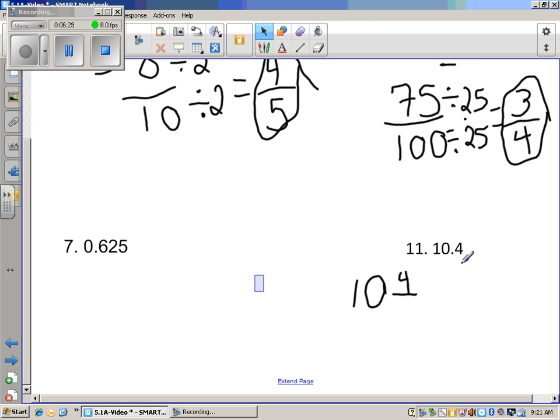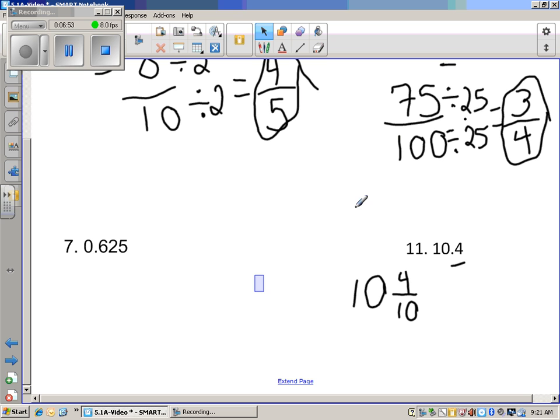Again, the 4 is in the 10th spot, so that's what's going to be on the denominator of my fraction. Now, I know that looking at 4/10 is not in simplest form, so I'm going to simplify that. But make sure that you're only simplifying the fraction. You're not simplifying the whole number, okay?